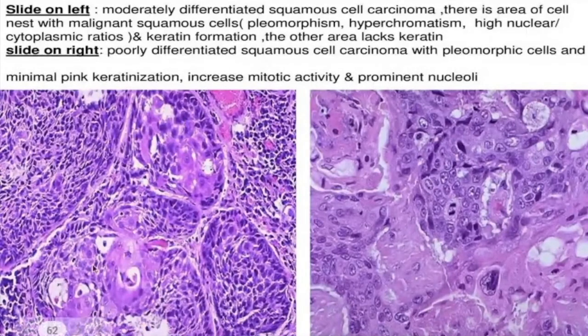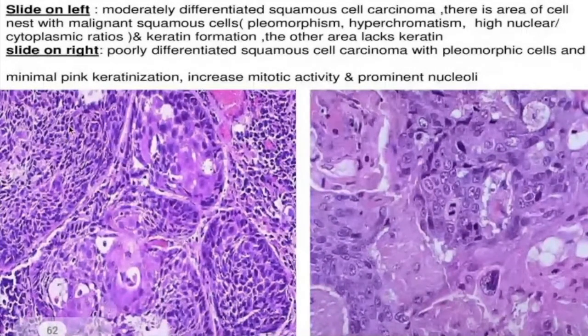So on the slide on the left, it is moderately differentiated squamous cell carcinoma. So we cannot see the squamous shape because it is moderately differentiated. So this is the highly differentiated.